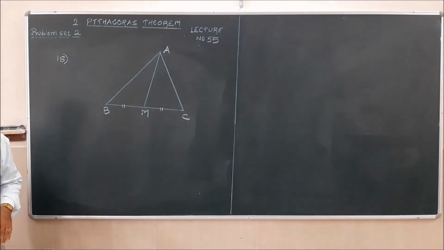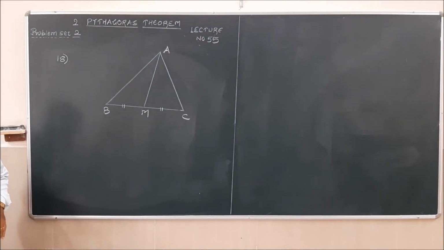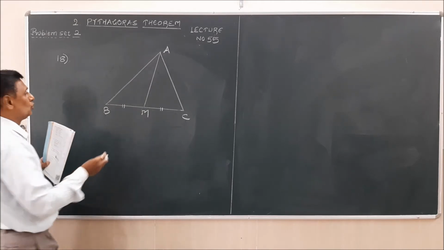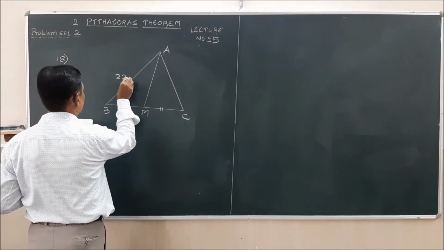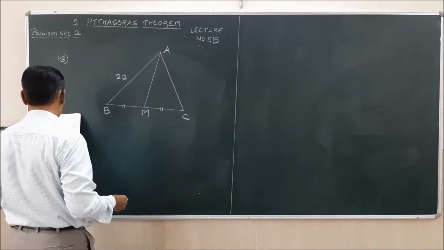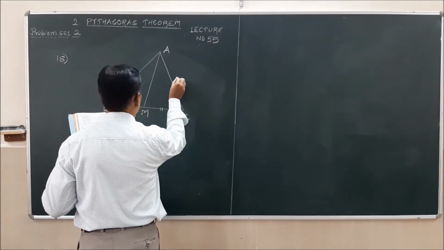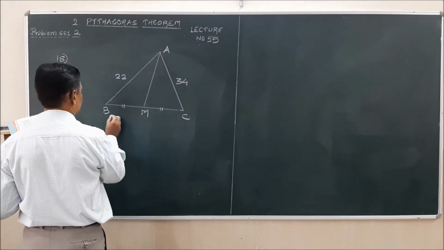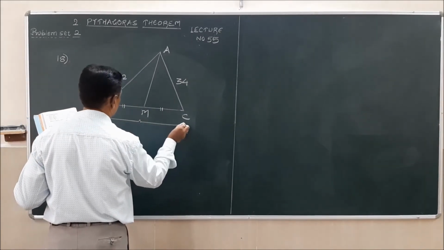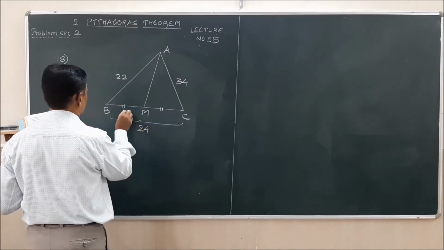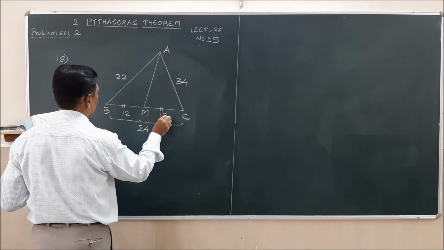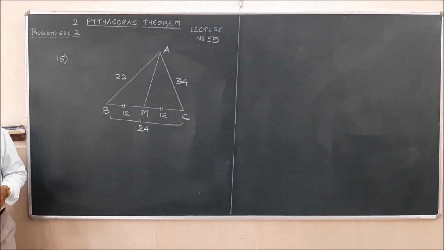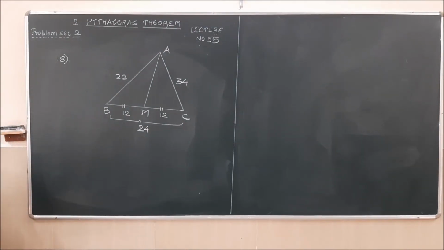Next to that, it is given AB is 22, while that of AC is 34, BC is 24. Question is to find out AN.